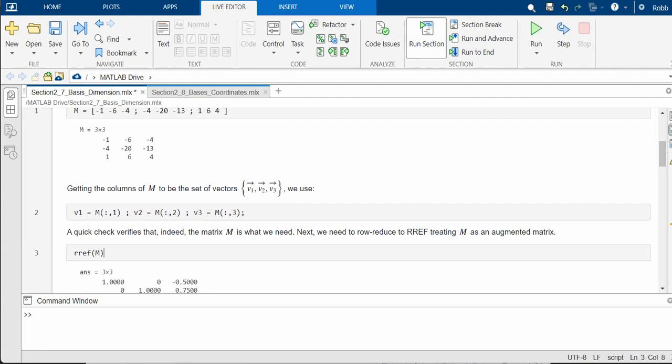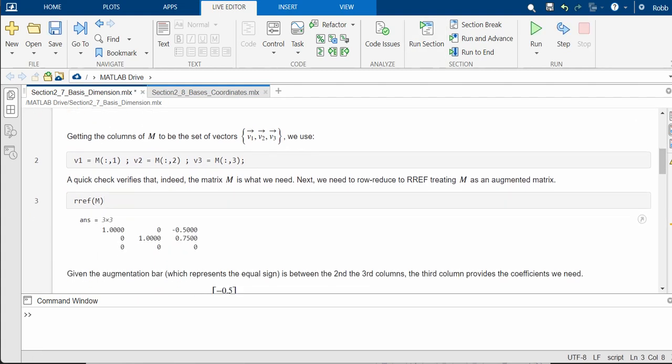So let's run this. Okay. And remember that we have a row of zeros here. So we have two pivots. And just to refresh your memory, two pivots means we only have two of the vectors that are linearly independent.